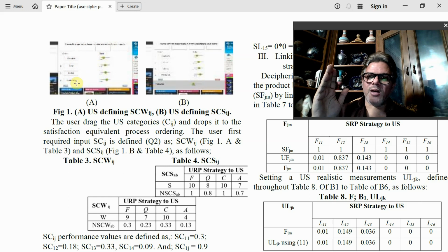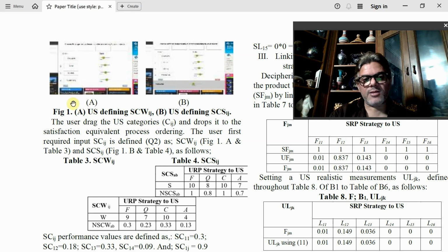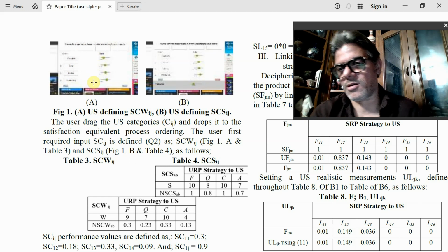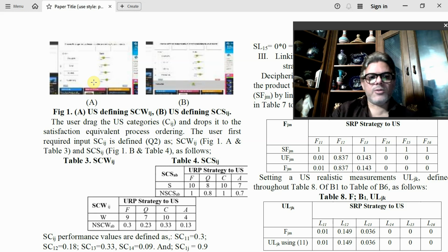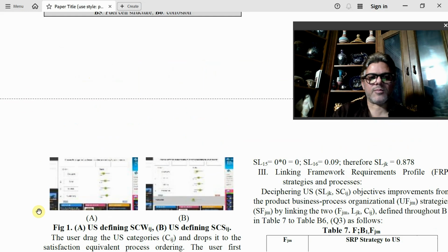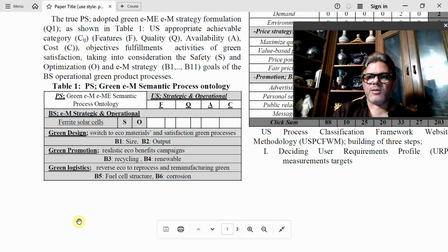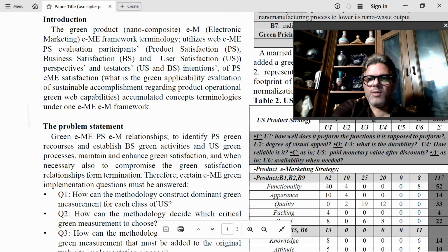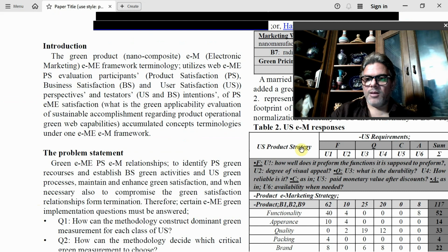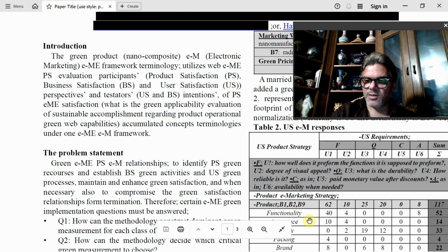So now I can have the weights of user satisfaction for one or for all, and still I can connect them, because see, in the table, the features have a relation with functionality, and all of them have a relation with functionality.